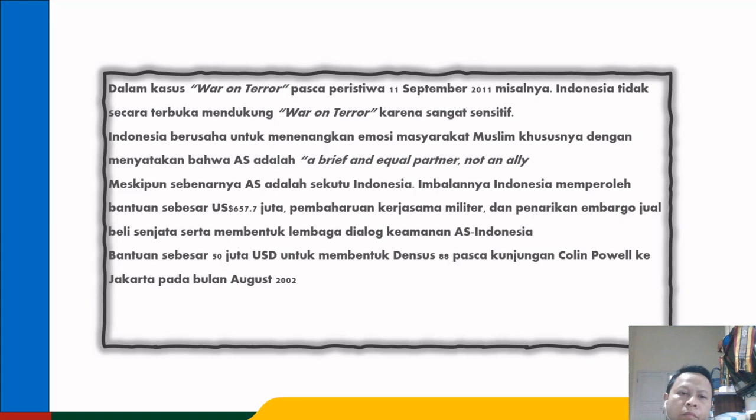In turn, Indonesia got 157.7 billion US dollars in the form of military cooperation, the military embargo lifted, and also the creation of the US-Indonesia security dialogue, including this aid, and also the creation of the Densus 88 counterterrorism force under the Indonesian Police Department during Colin Powell's visit to Jakarta in 2002, soon after 9/11.